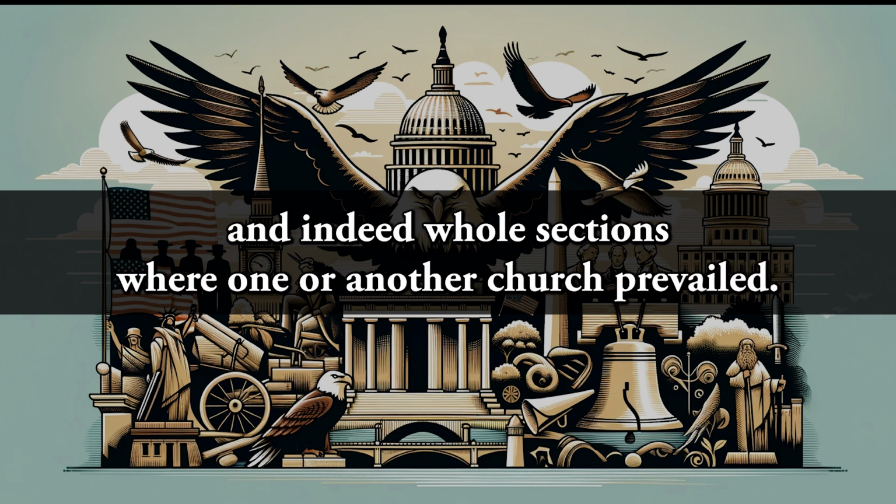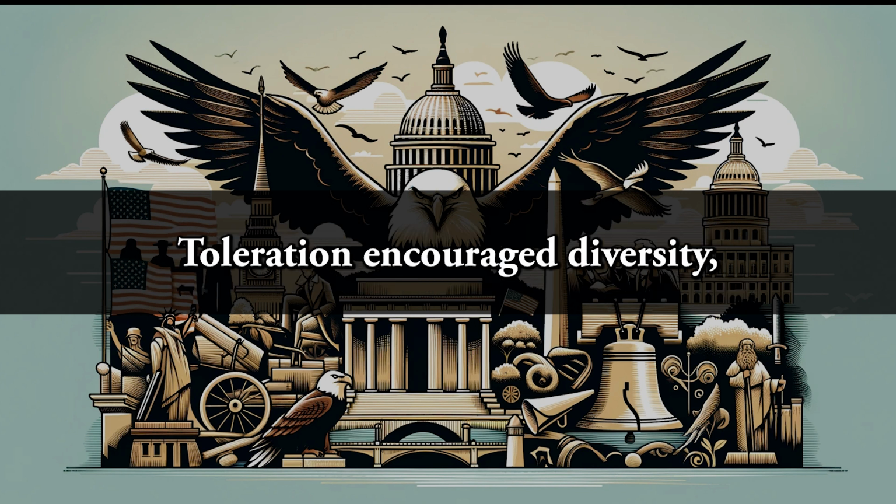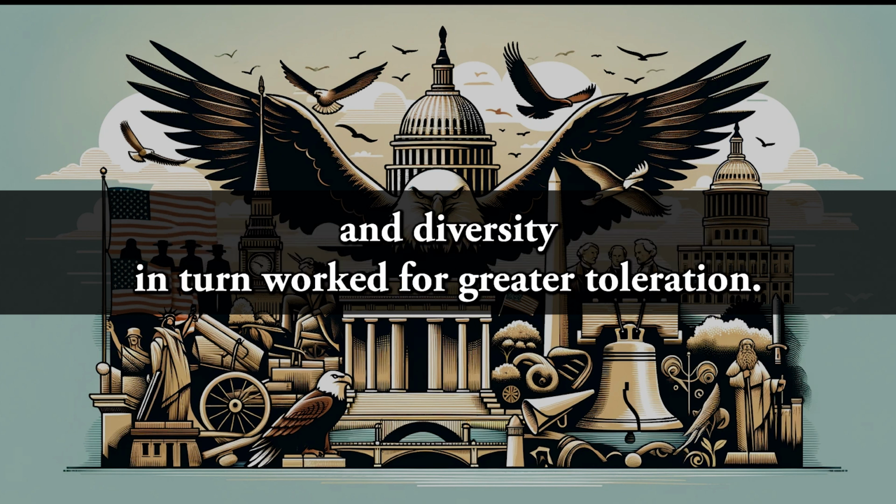There were communities and indeed whole sections where one or another church prevailed, but in no colony was a legislature steadily controlled by a single group. Toleration encouraged diversity, and diversity in turn worked for greater toleration.